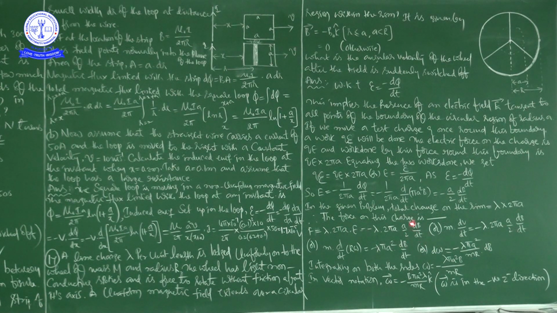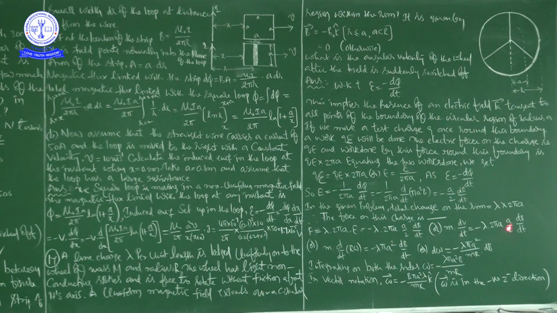Is it clear? Now in place of F we are writing M into dV by dt, from F is equal to MA, Newton's second law of motion, and this side as it is, minus lambda into 2 pi A into A by 2 into dB by dt.